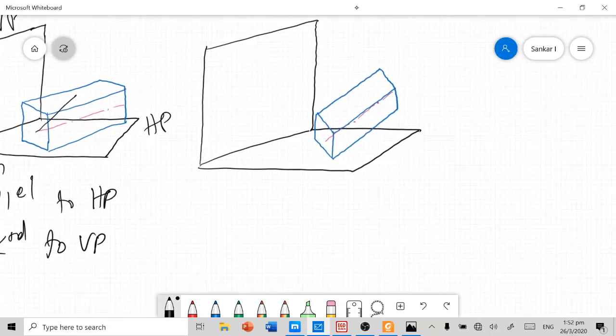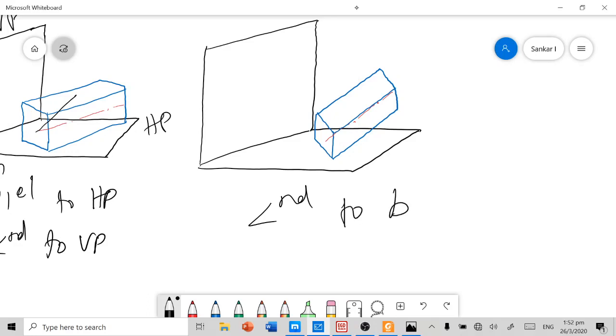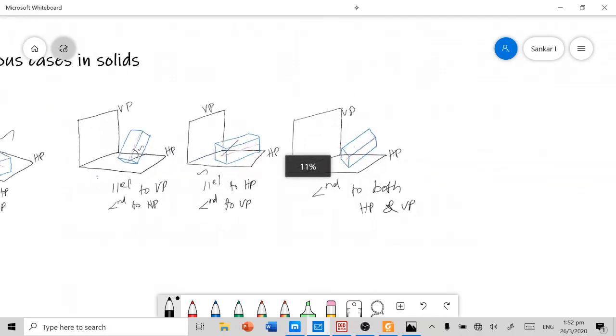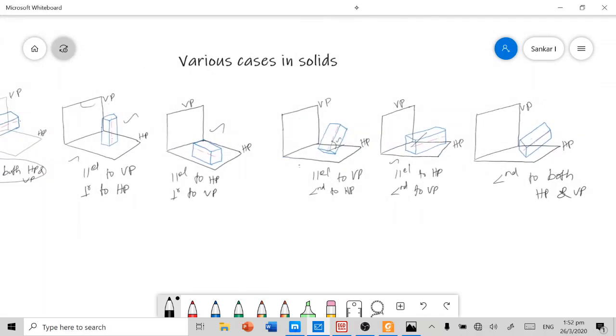And finally, this is the last case, the solid axis inclined to both HP and VP. So you can see the solid axis is inclined to HP as well as inclined to VP. So these are all the various cases in the solids chapter.